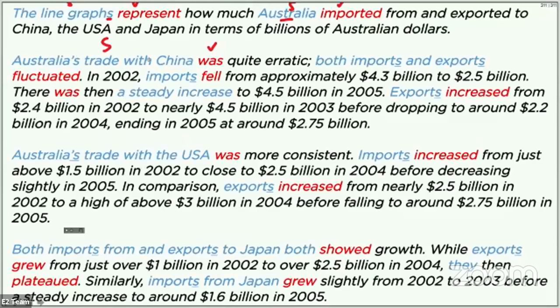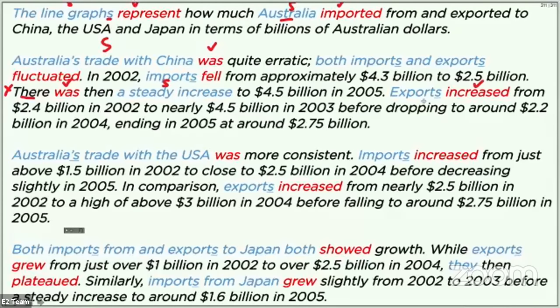It's 1, 2, 3, 4 words. Both imports and exports fluctuated. Imports fell. Exports increased. Here's a different one. This is sort of irregular. There was a steady increase. So this is actually the verb before the subject, only because we're using the there was, then the subject, but forget about that one.